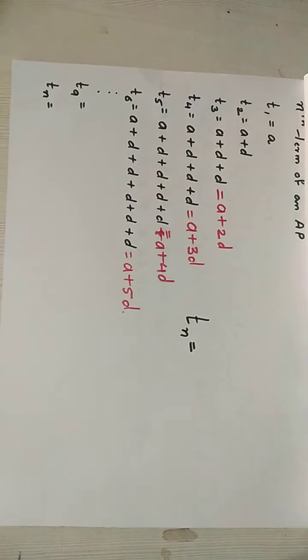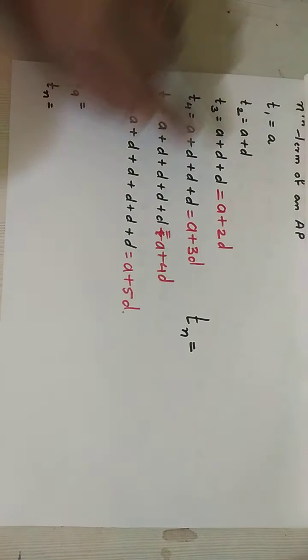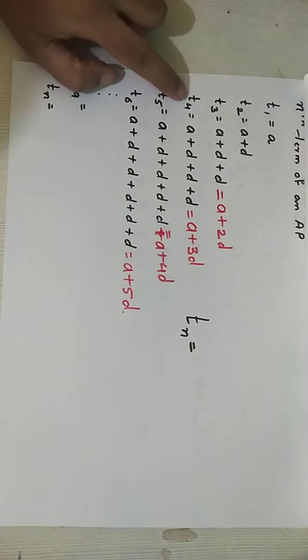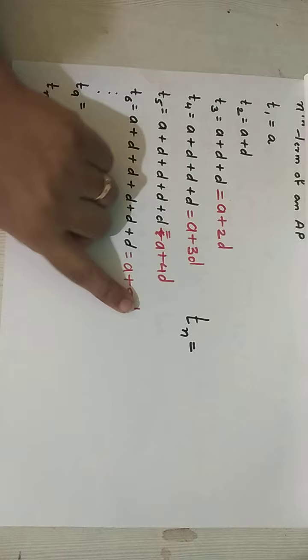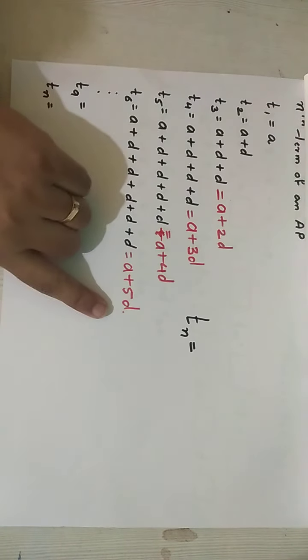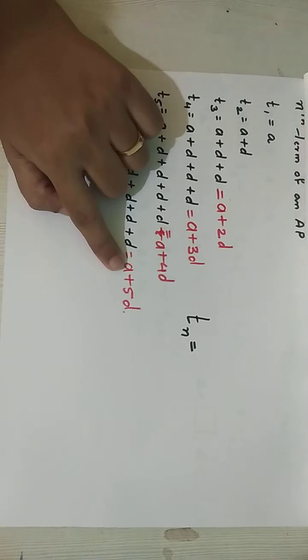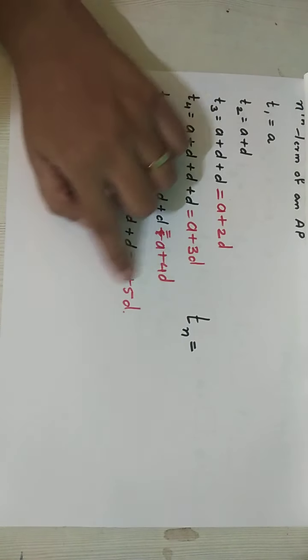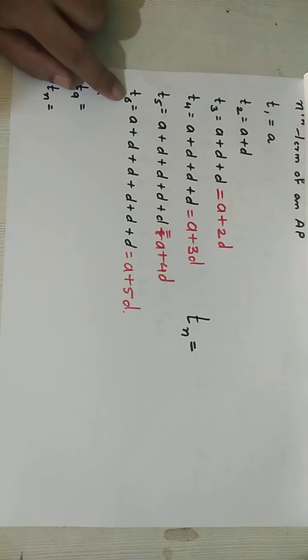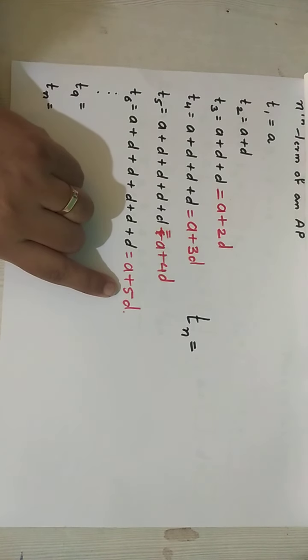So if you observe, T3 is A plus 2D, T4 is A plus 3D, T5 is A plus 4D, T6 is A plus 5D. If you'll observe, the pattern is same, but only this number keeps changing. And this number is also not hard to remember. If you'll observe, if it is 6 over here, here you have 5.